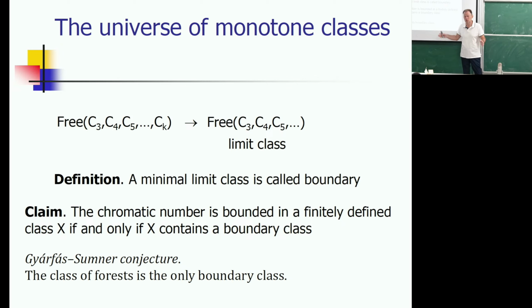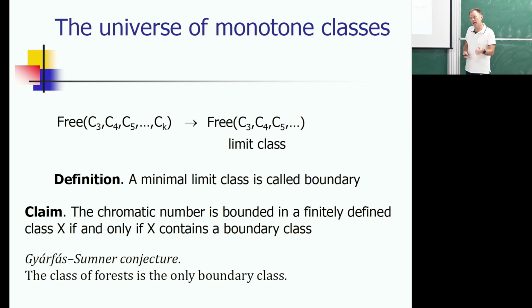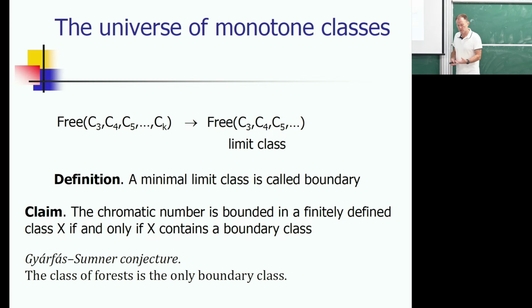Of course, the conjecture is wide open, but it becomes a valid statement if we restrict ourselves to monotone classes. In the universe of monotone classes, this conjecture becomes a valid statement. In any monotone class excluding a forest, the chromatic number is bounded, because the degeneracy is bounded, which is another parameter, and which is not difficult to show.